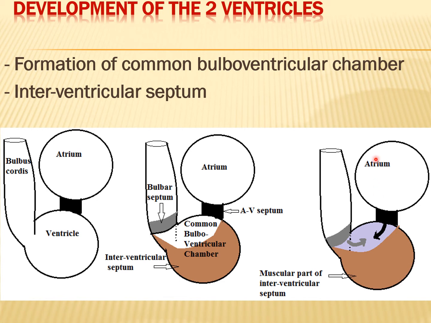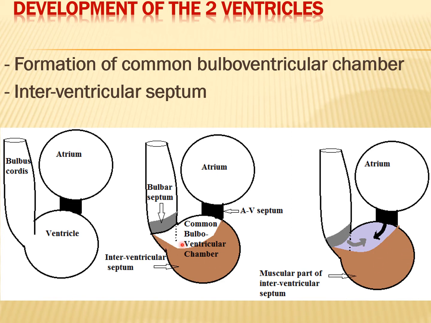Atrium, as we said, its septum arises from the roof, while the ventricle, the septum originates from the floor, from below. So the interventricular septum, a sickle-shaped septum, develops from the floor of the common bulboventricular chamber.